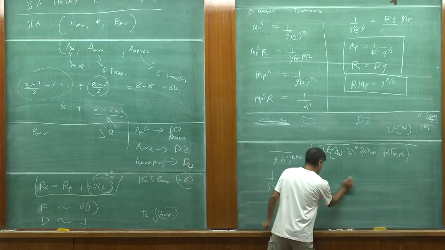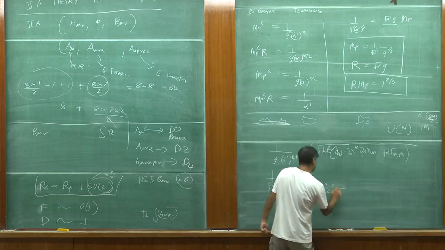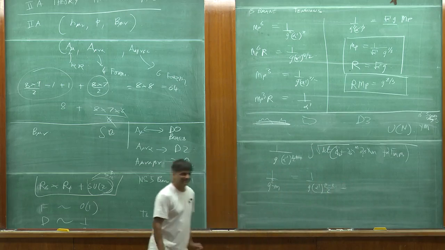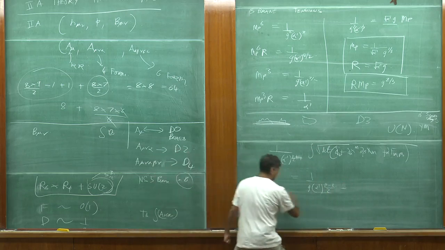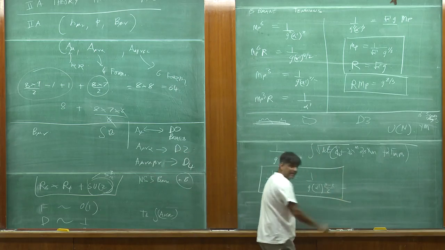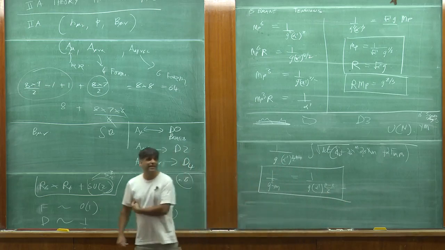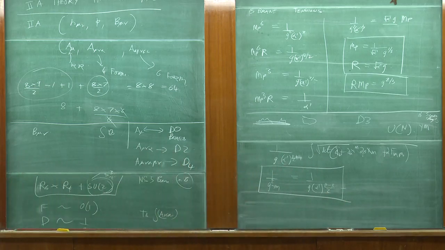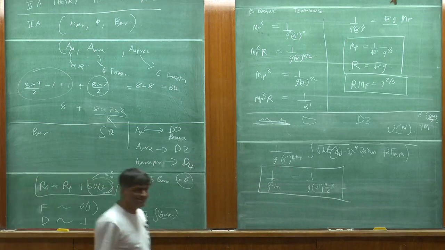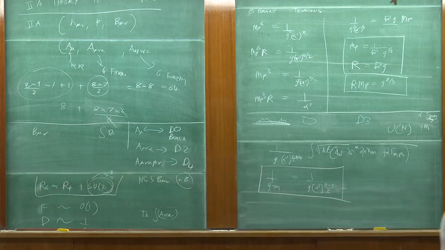Okay, so that's (p minus 3) by 2. Again, ignoring all numbers, this is the effective value of the Yang-Mills coupling on the world volume of a D brane that you get out of string theory.